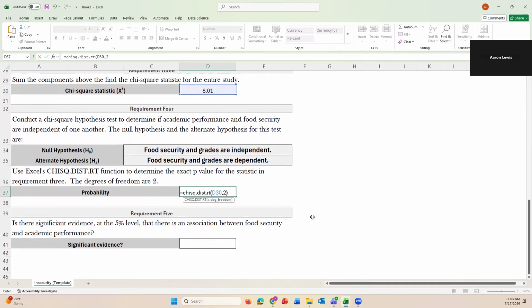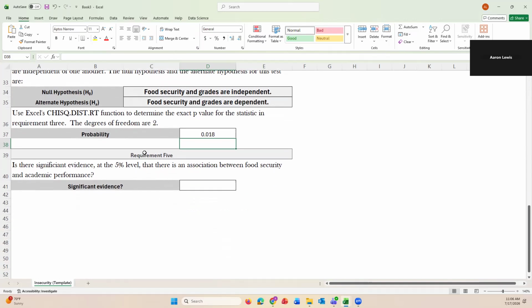So I throw that in and I come up with a probability of 0.018, which implies in this case that if we state that the alternate hypothesis is true, that food security and grades are dependent upon one another, we have but a 1.8% chance of that being wrong once we get to a bigger sample size than the 221 that we have right here.